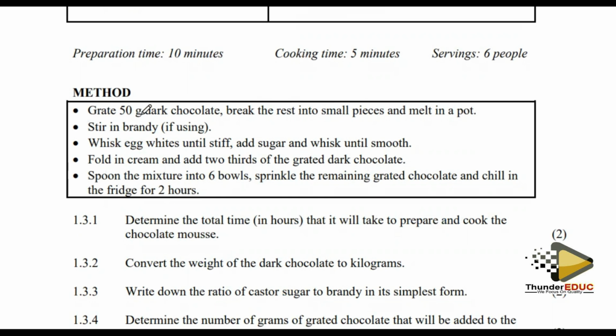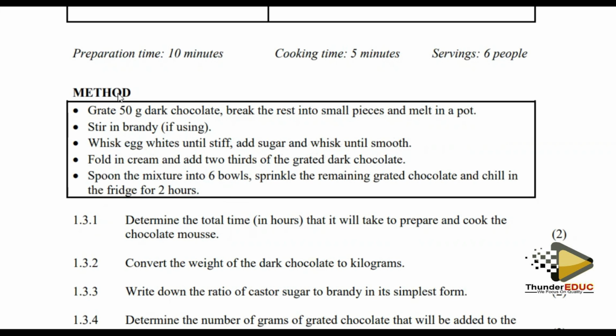So we go here and you see 50 grams of dark chocolate broken into small pieces and melted in a pot. Here in the one, whisk the eggs. No time here. Pour in the cream and add 2/3 of the grated chocolate. Spoon the mixture into bowls, top with the remaining grated chocolate, and chill in the fridge for 2 hours.